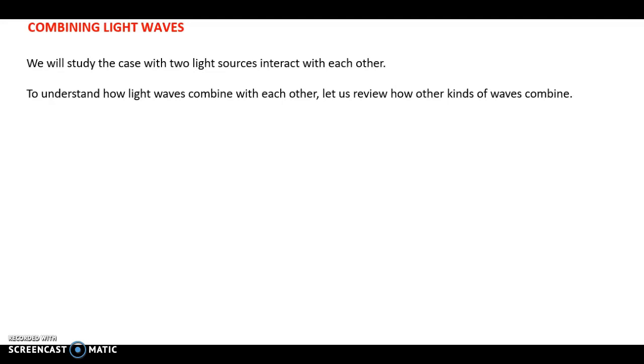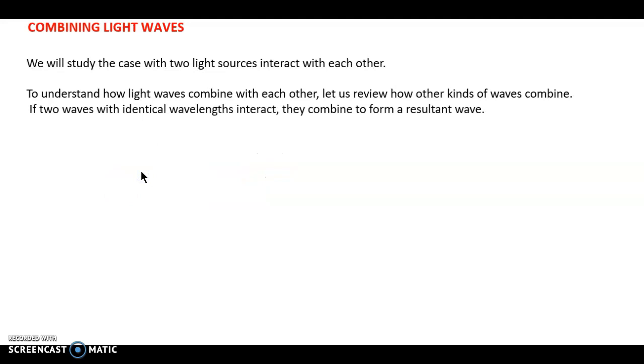What if we have two light waves interacting with each other? What if you have this wave interact with that wave at this point? What do you expect is going to happen? Pause the video and try to figure out how they will interact, by yourself.